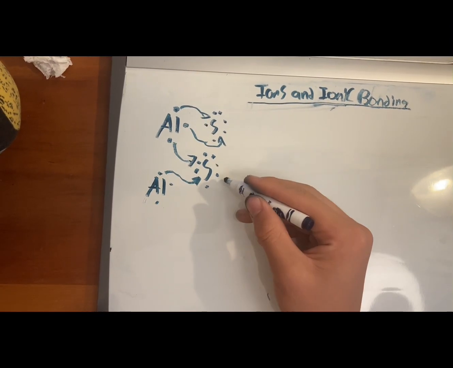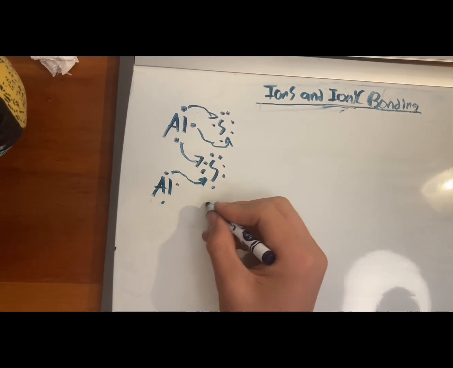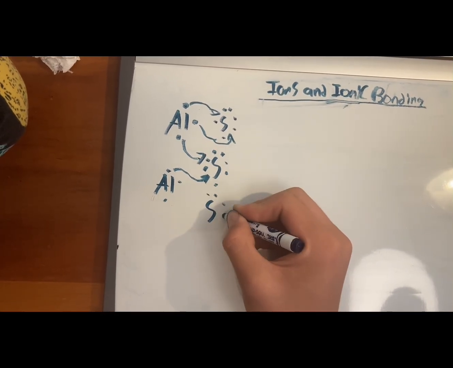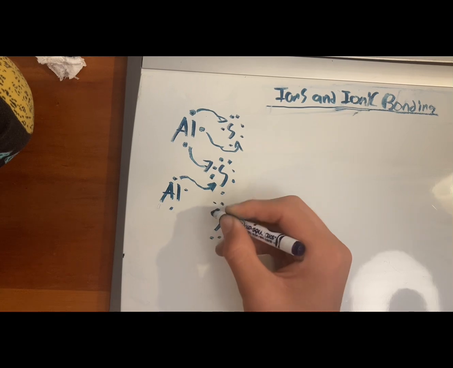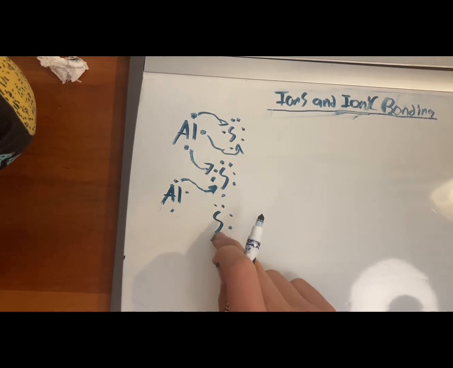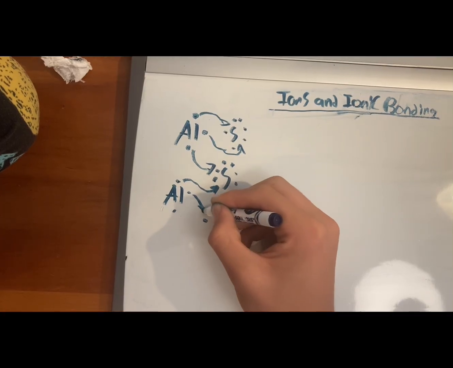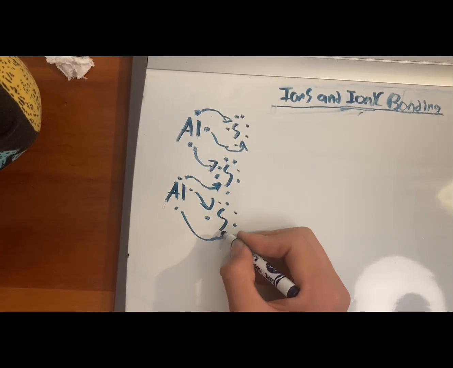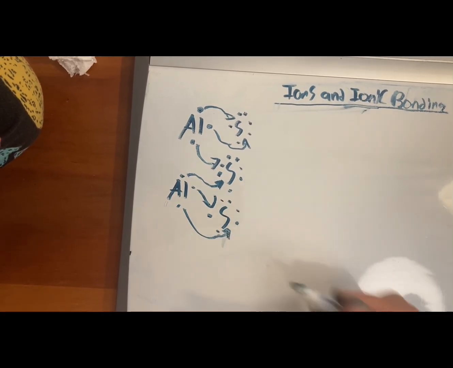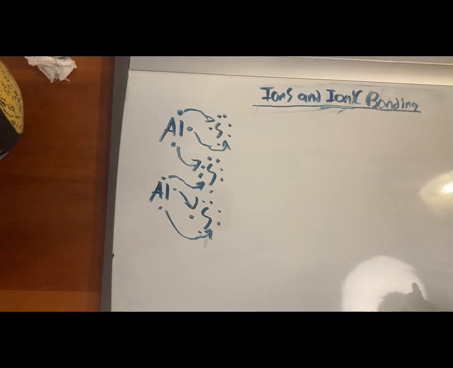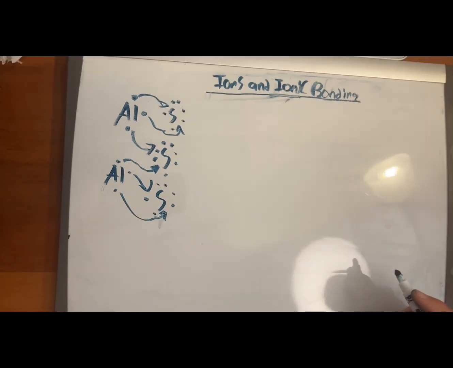So this means we still need to bring 1 more sulfur in. And then we can bring these 2. And then with this, all of the atoms in this bonding are satisfied.